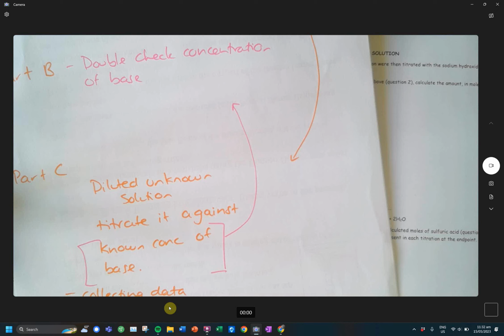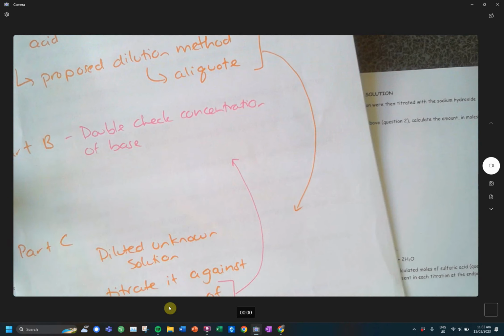So you're adding another layer in your accuracy and precision because now we can verify multiple layers to make sure whatever we're using is correct. So that's what part B is.